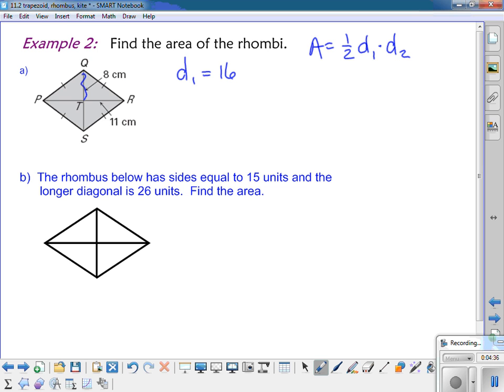And then same thing here, they've only given me half of the diagonal. So diagonal 2 will be 11 times 2, or 22. And so the area is going to be 1/2 of 16 times 22. And that comes out to 176 centimeters squared.